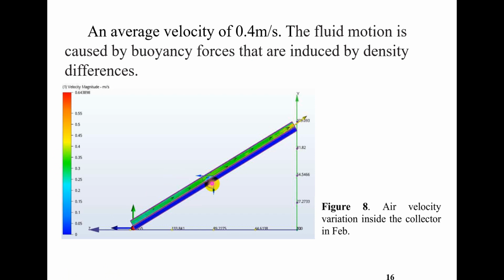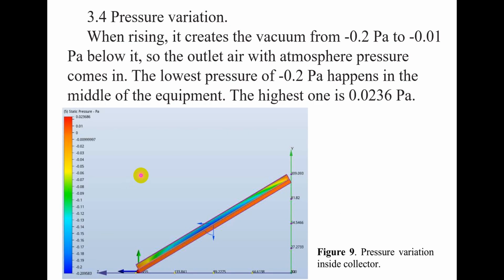And this is the velocity inside the collector. And this is the pressure variation. As you know, when the hot air rises up, the cool air will replace it, and we can see it creates a steady vacuum pressure inside the collector, and the air at atmospheric pressure outside will come in.